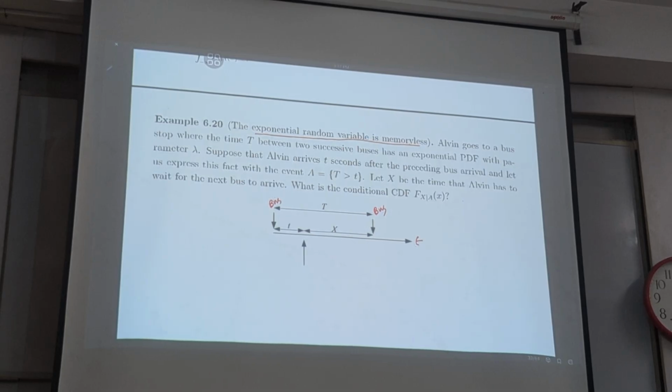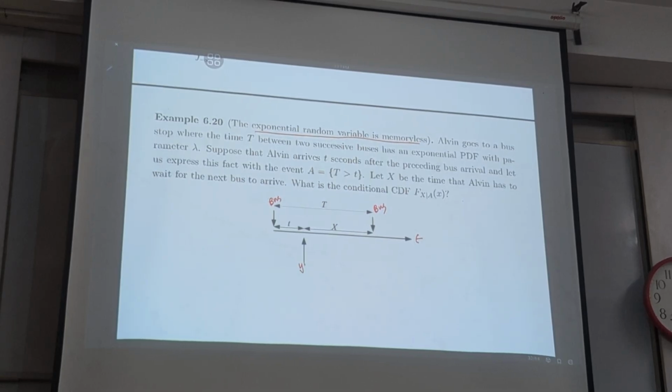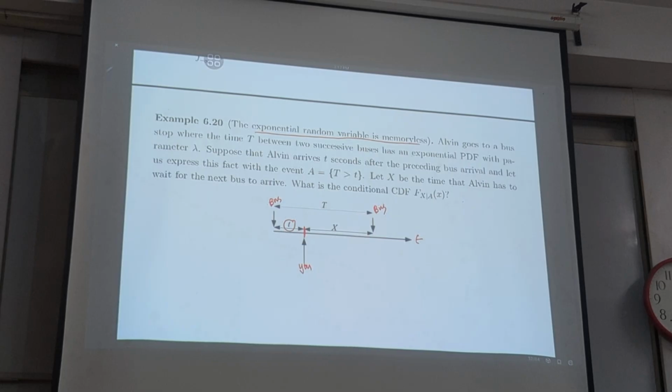Now you arrive at the bus stop after the arrival of the previous bus, right? The bus has already departed. After the departure of the previous bus, with a delay of time T. So before you came, 10 minutes earlier, the previous bus had left.